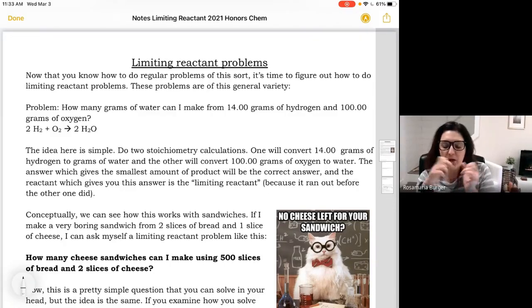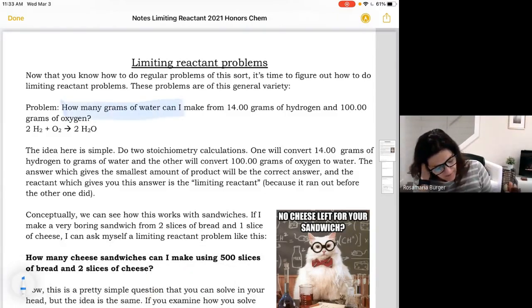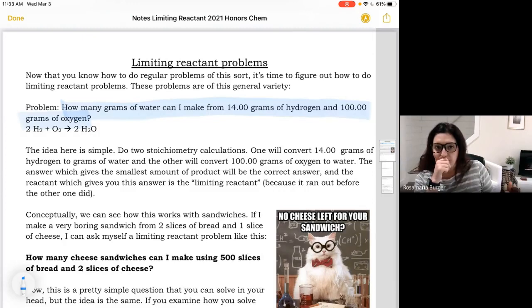So here's the first problem we're going to face. It says, how many grams of water can I make from 14 grams of hydrogen and 100 grams of oxygen? We don't know how to solve that yet, but let's keep reading. The idea here is simple.